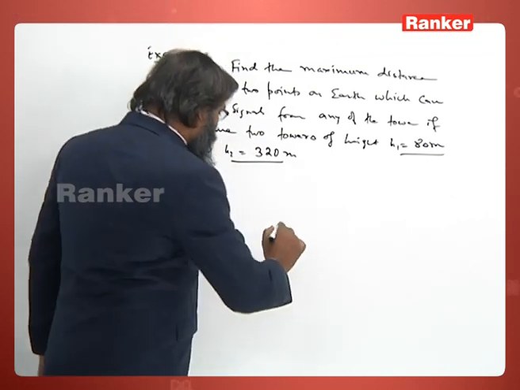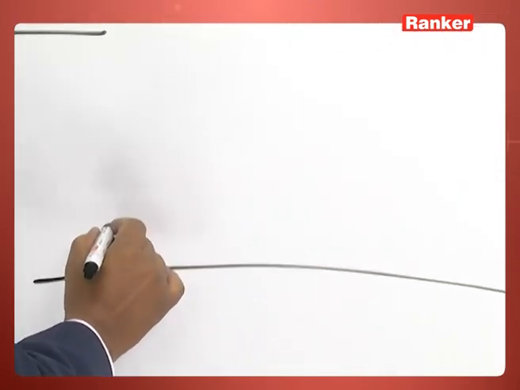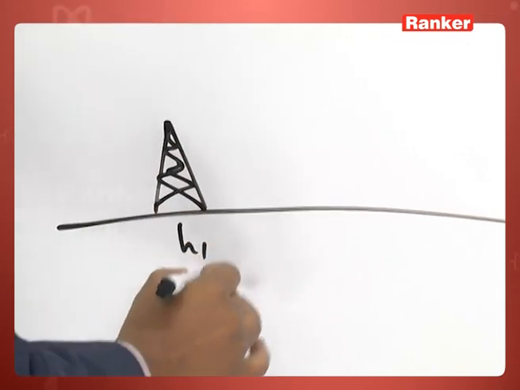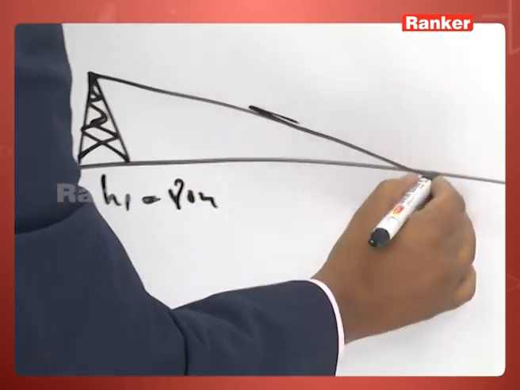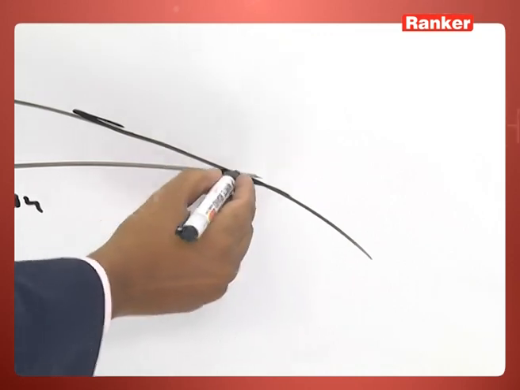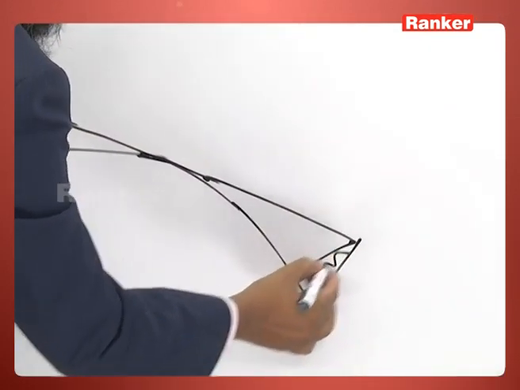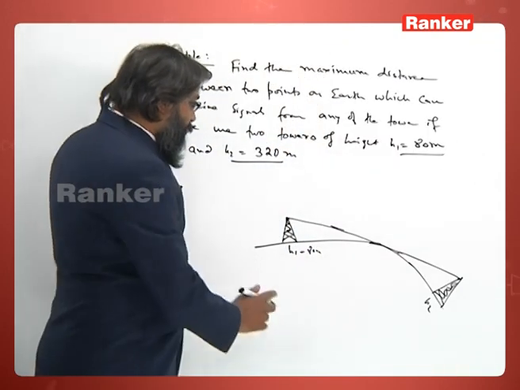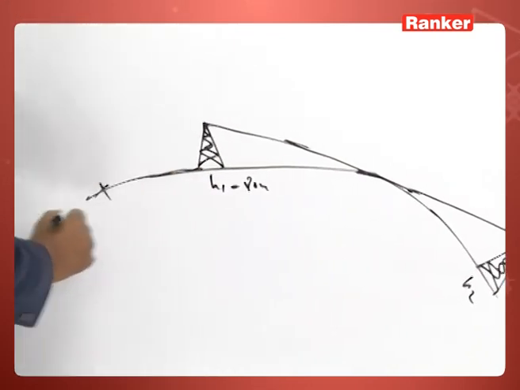Suppose we have to cover a maximum range. On the surface of earth we have installed two towers. This one is of H1 height, that is 80 meters, and this tower can go to a maximum distance here. Again I have one more tower installed here.